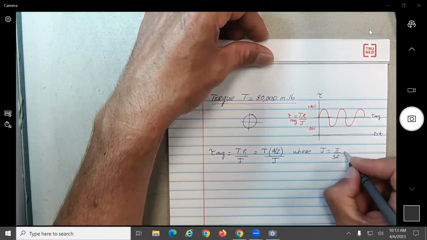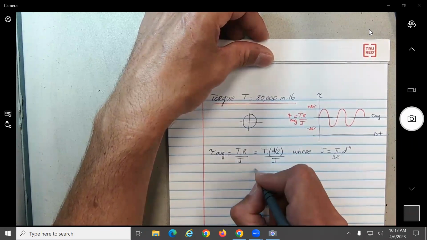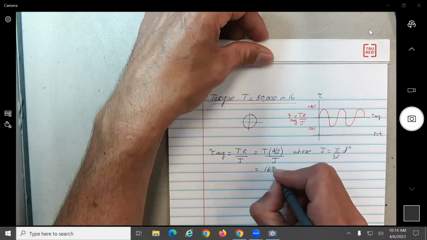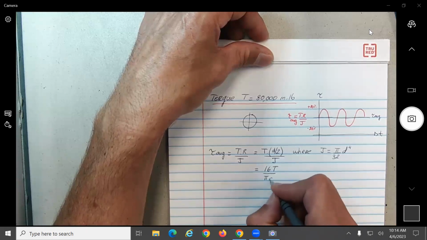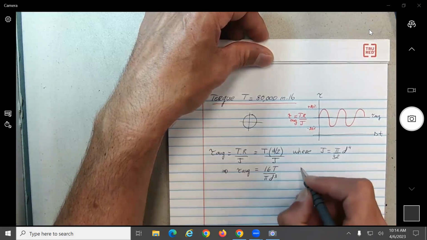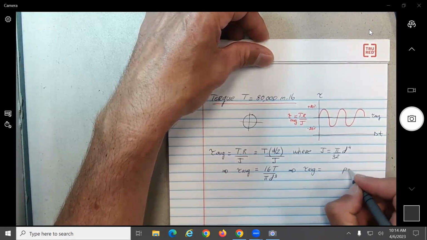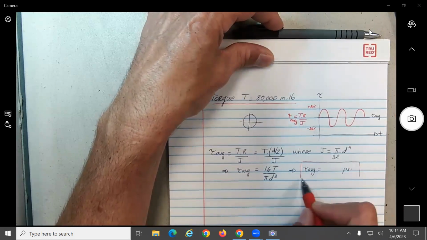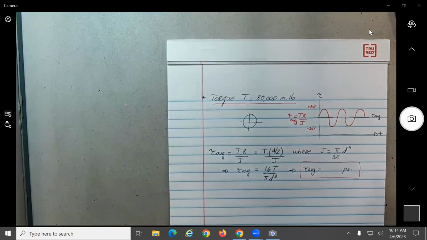It should be pi, twice the moment of inertia. So if we do the substitution here, you will get 16T divided by pi d cubed, which is equal to what?